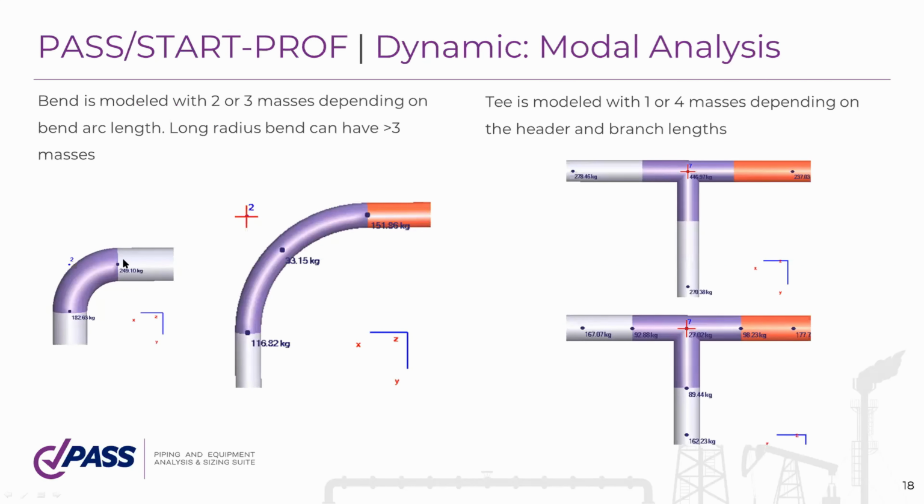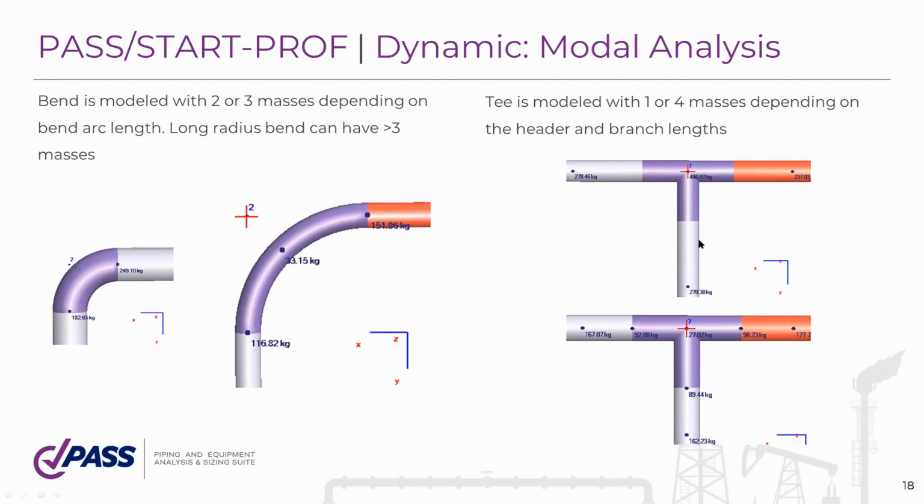Now, how does START-PROF deal with bends and tees? In the bend element, START-PROF can add 2 masses, or it can add 3 masses. START-PROF decides automatically what to do, depending on the length of the bend and the calculated maximum distance between masses.